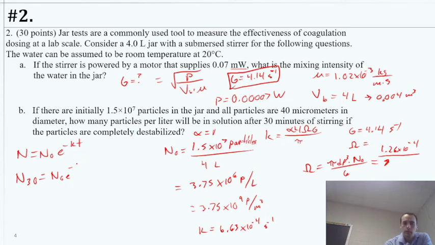So we could put that in here as k, and then the time had to be in seconds, because that k is in seconds. So that 30 minutes times 60 would be 1800 seconds. So get all that, and you would get an N30 value of 1.14 times 10 to the 6 particles. That should have been the answer.